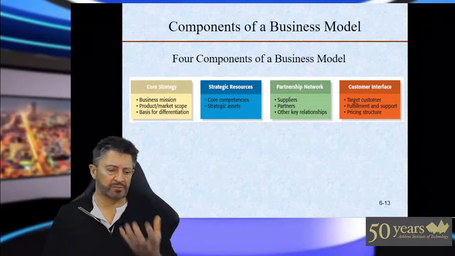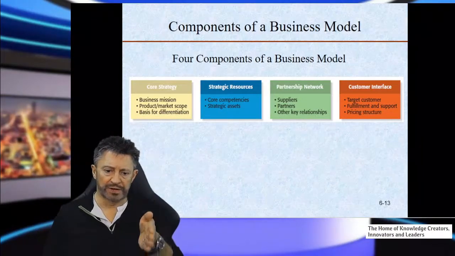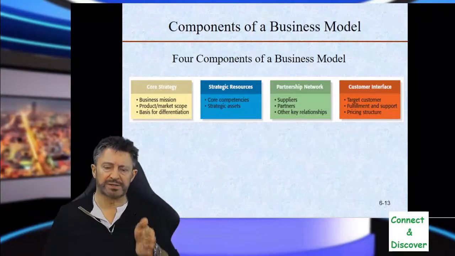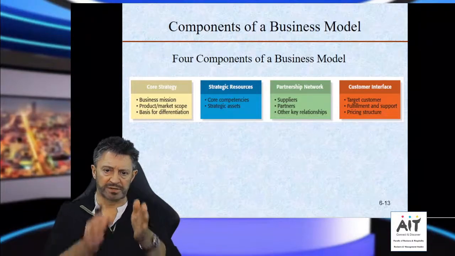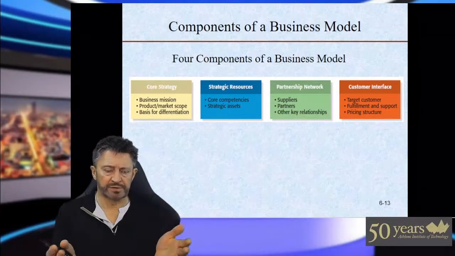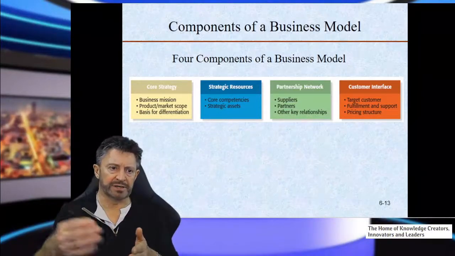How much of the market can we get with this product? And then we say, yes, this makes sense, and that's our mission. That's why we're building this version of the product, because we have a sound market. We know that the product in this format appeals to X number of customers. Therefore, we have a core strategy.